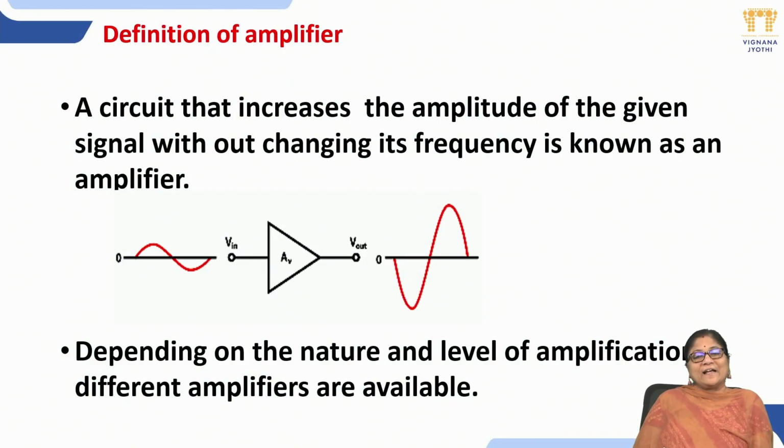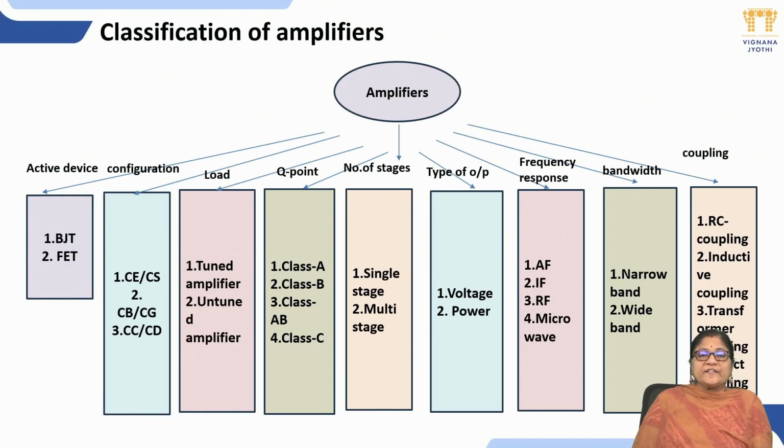So let us see the classification of amplifiers based on various parameters, how it goes. Now if you see here, these are the basic amplifiers. Then the power amplifier also comes as one of the classifications of amplifiers. Now we can see there are many parameters.